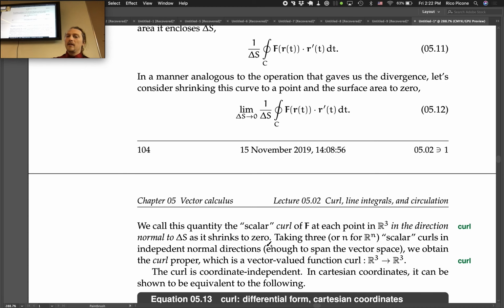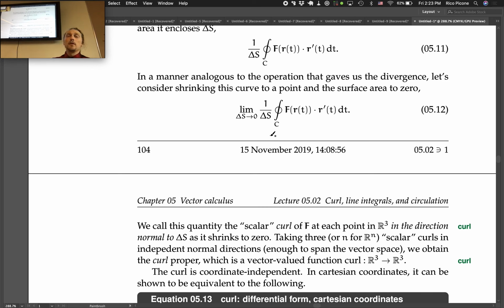Taking 3, or if you're in Rn, taking n, scalar curls in independent normal directions, enough to span the vector space, we obtain the curl proper, which is a vector-valued function curl, which maps from R3 to R3. So the curl in 5.12 is the curl in some direction, the direction normal to delta S as it shrinks to 0.